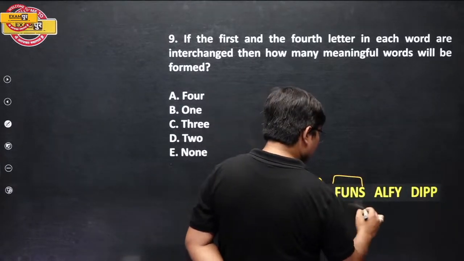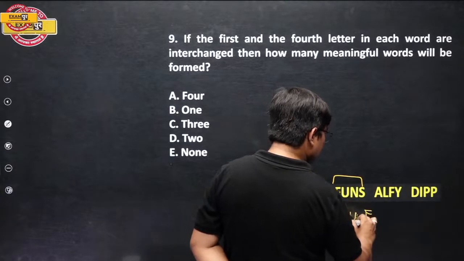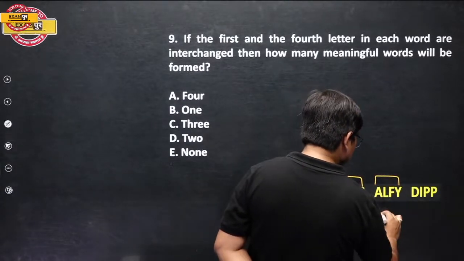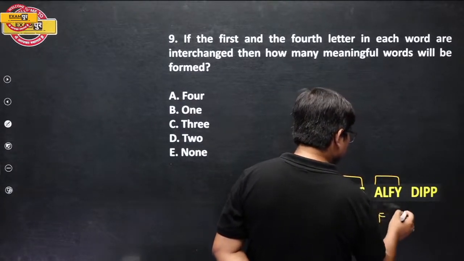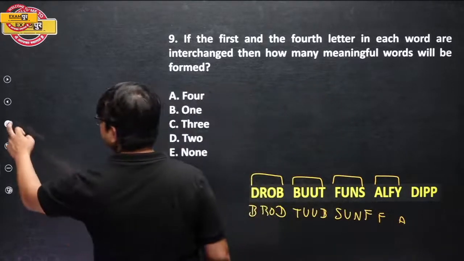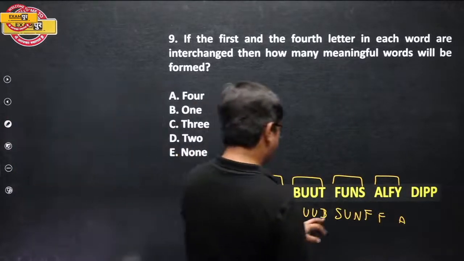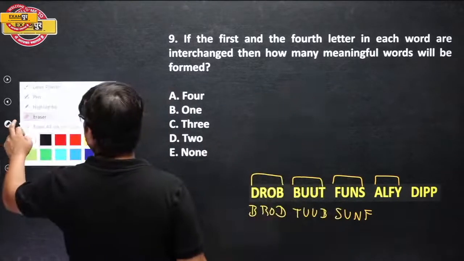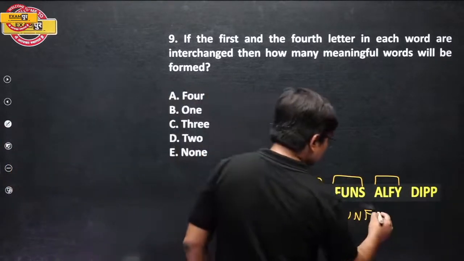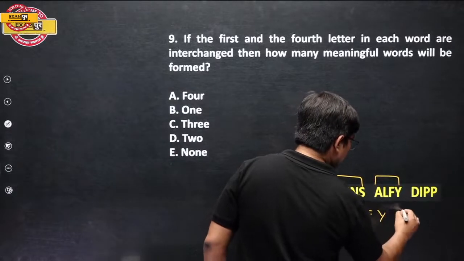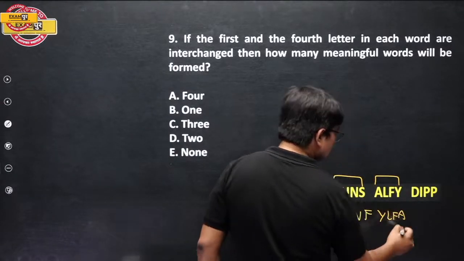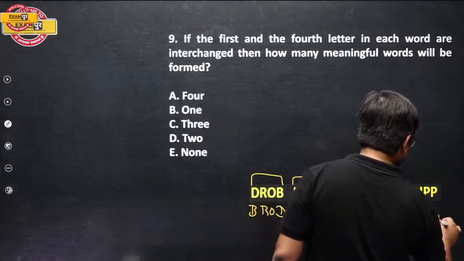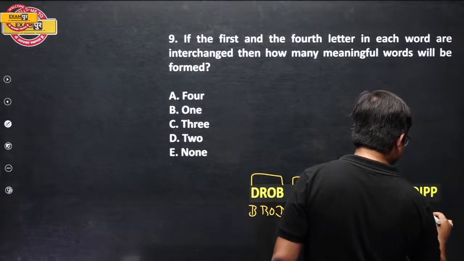S over here, F over here, U and N is as it is. F over here, A over here, sorry, Y over here. Now see, Y over here, A over here, L and F as it is. P over here, D over here, I and P as it is.